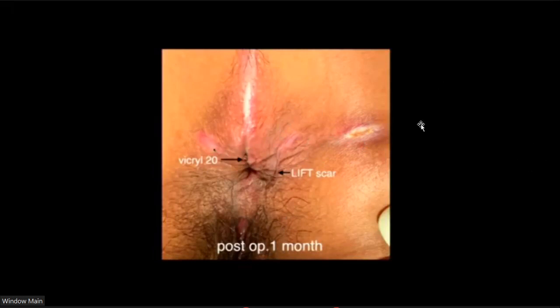But you can see some stitch here, which I have to cut out. This is the FIST. I always cut the stitch out at 4 to 6 weeks. At the moment, I do not know which technique is the best, but the primary repair is a good one.